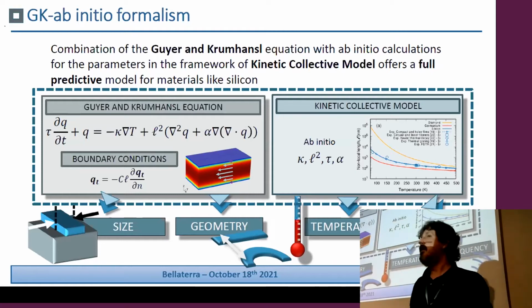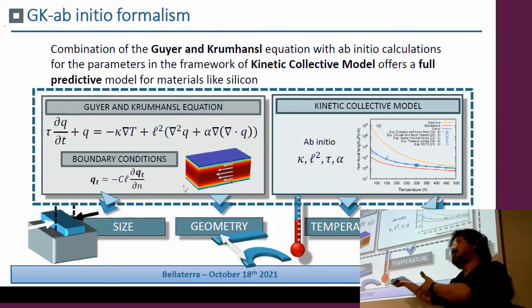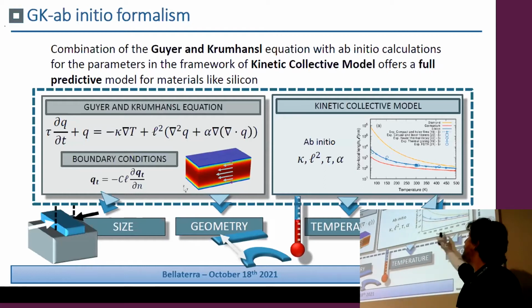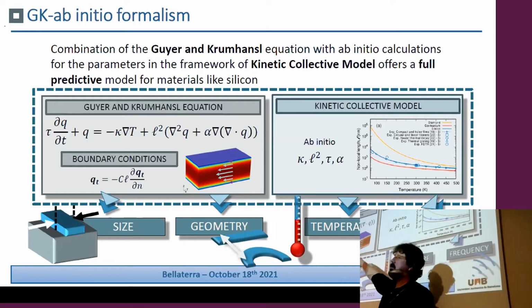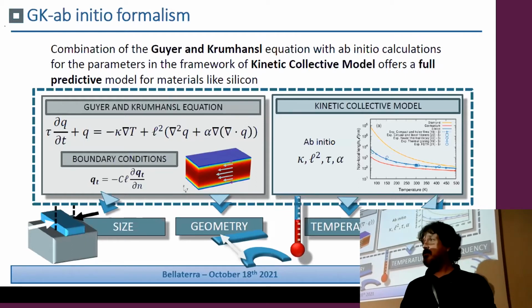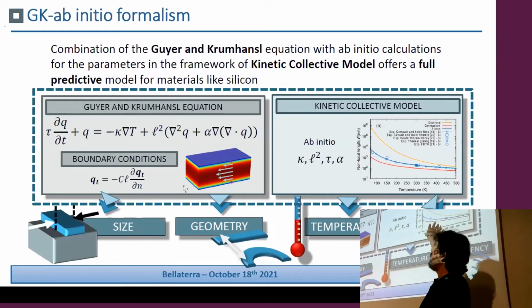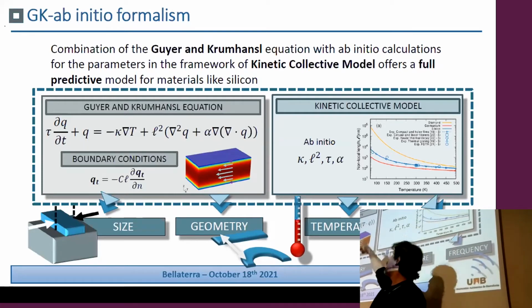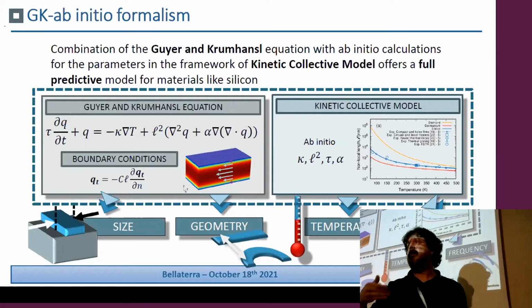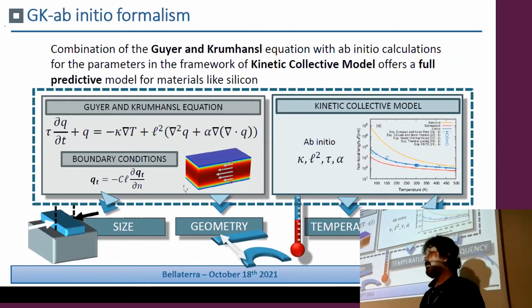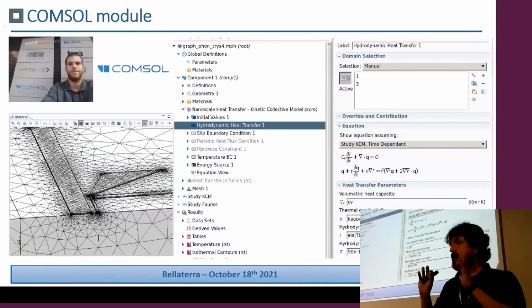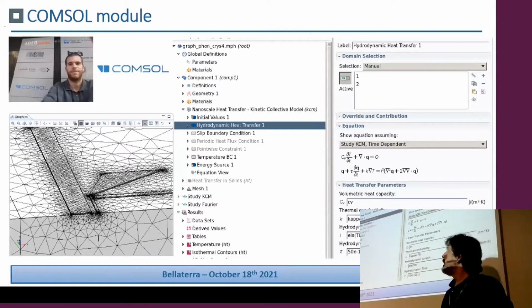So it's not enough to explain the experiments with the equation; we also need an ab initio expression to obtain the parameters that we put in this equation. If we are able to obtain a parameter by ab initio, put it in this equation and explain the data, from our point of view, this is phonon hydrodynamics. This is what I'm going to do in this presentation.